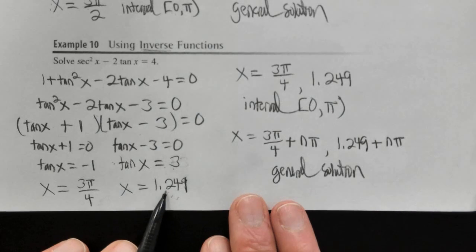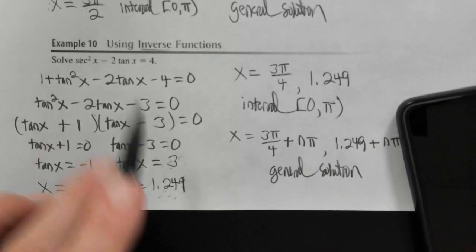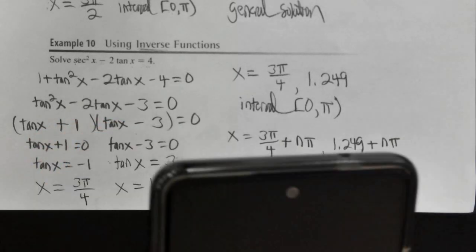Now, if we wanted to double check to make sure that we were correct here on this, we could take this 1.249 and plug it in here and see if it gives us 4. As a matter of fact, that would probably be worth doing.